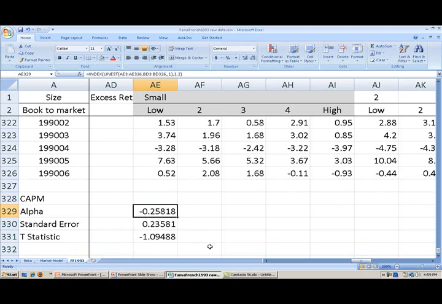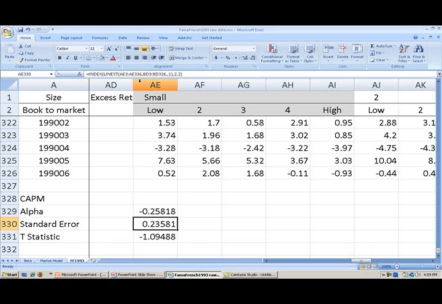We want to repeat this calculation for all 25 portfolios. To do that, we need to first of all fix the market excess returns so it doesn't change as we copy the formula across. Let's use the dollar sign to do that.